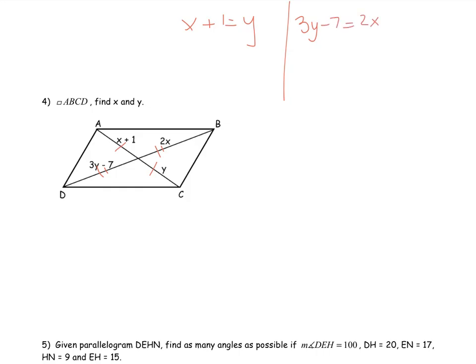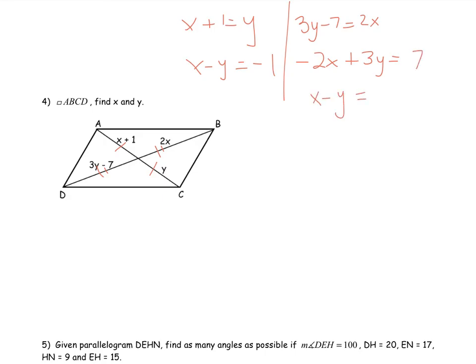I got x's and y's in both. I'm going to need to use substitution, so I'm going to set both equations in standard form. So I've got x minus y equals negative 1, and negative 2x plus 3y equals 7, if I've done it right.